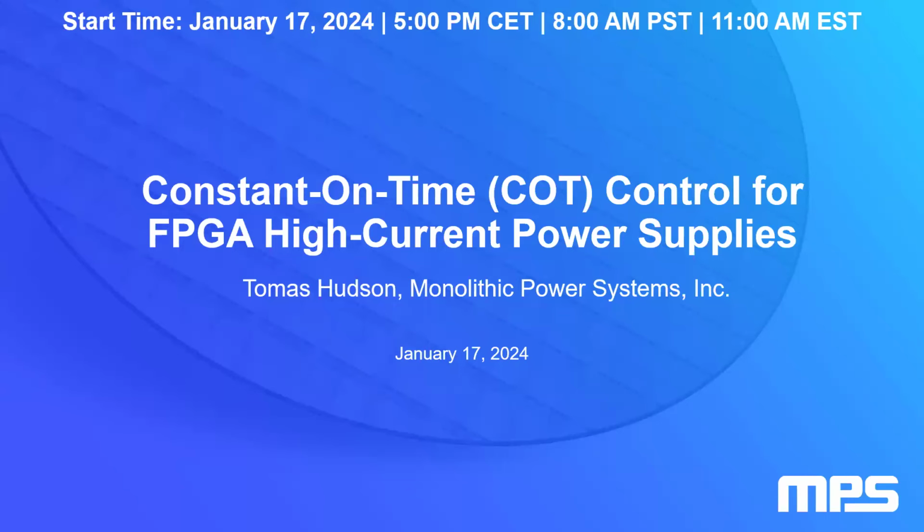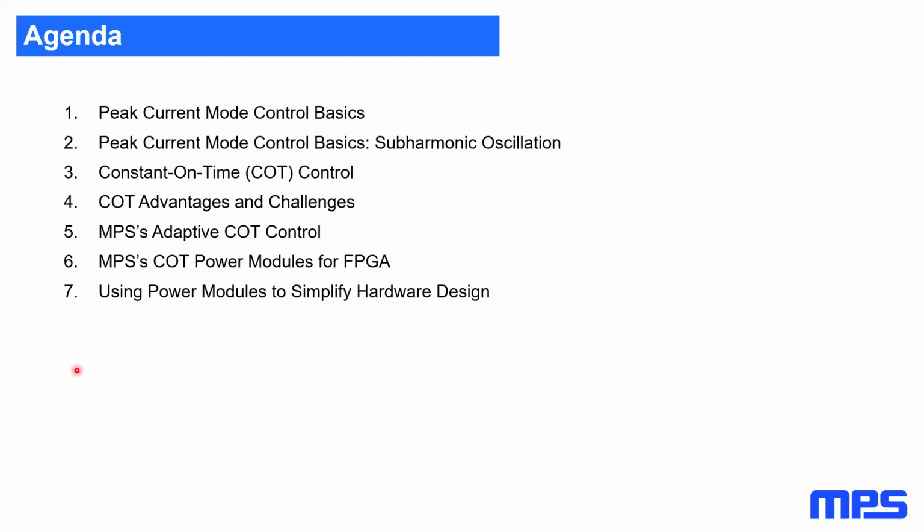So just so we have a bit of an overview of what we're going to be seeing, we're going to start off discussing a more commonly known control method, which is peak current mode control. And then we're going to look at why constant on time has been adopted for these sorts of applications such as FPGAs and ASICs, and going over the advantages that constant on time presents and also the challenges that we need to get over.